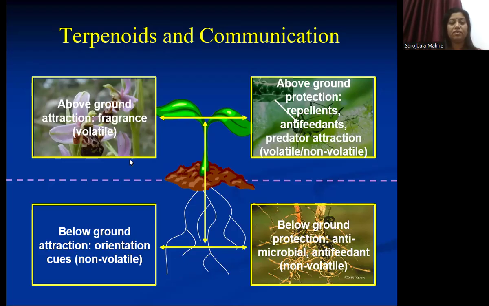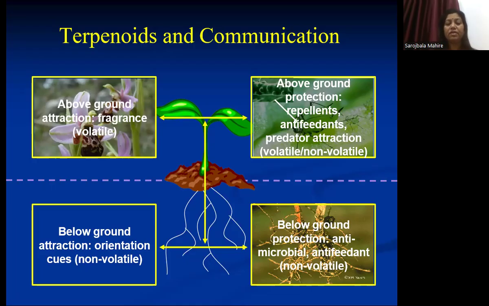In the part above the ground, the terpenes or terpenoids are used for attraction by reflection of fragrance, and again as protection, repellent, anti-feedant, physical attraction, etc. In the part below the ground, they are also used for attraction as orientation cues, and for below-ground protection as antimicrobial means against different microbes as well as different compounds.